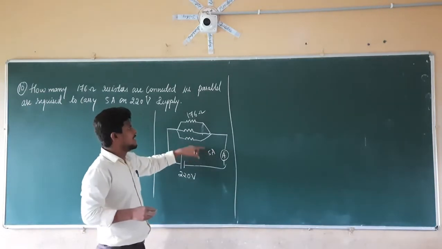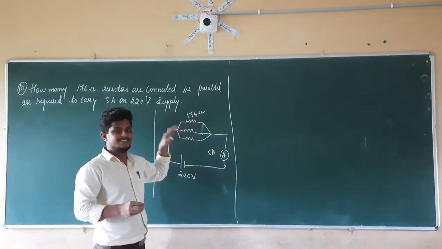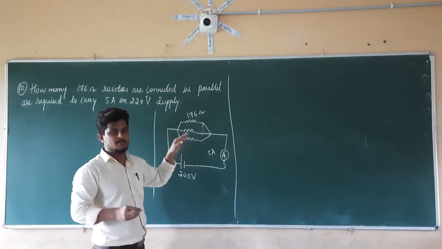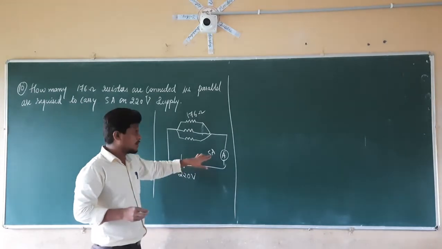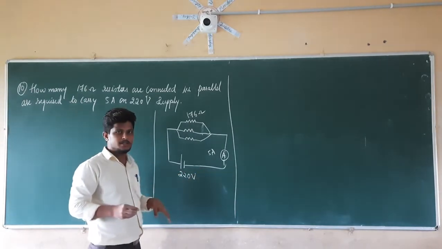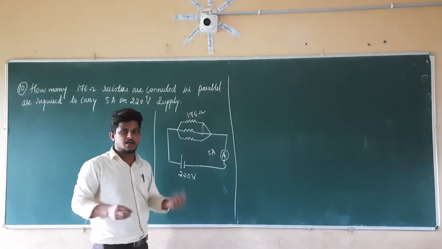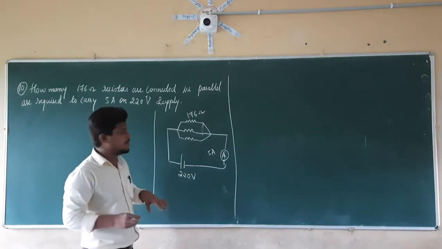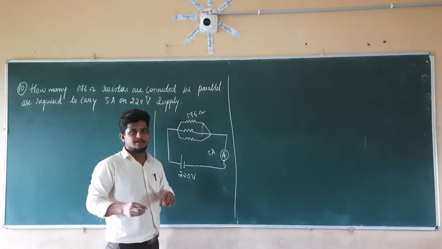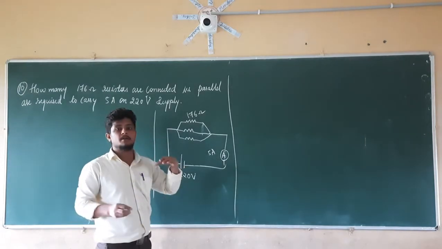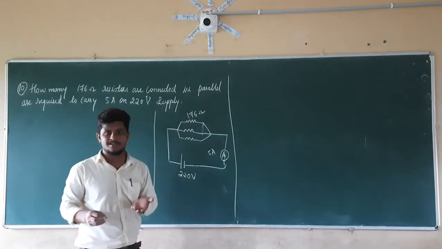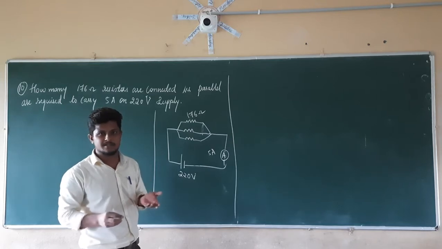So we know the total current as well as the total voltage. Now if this total current has to flow, what do we have to know here? We have to know the total resistance. We don't know the number of resistors, but we can calculate the total resistance, that is nothing but the effective resistance in parallel.